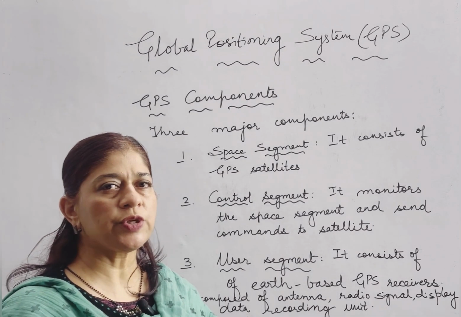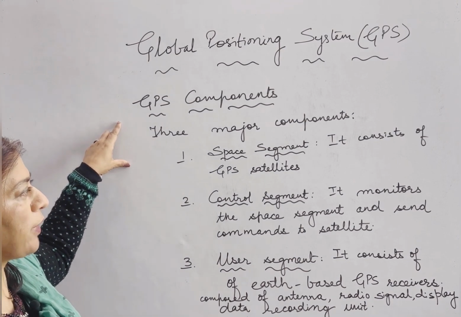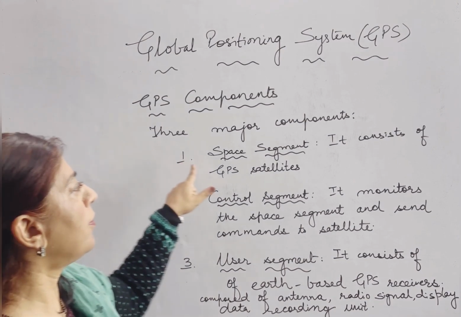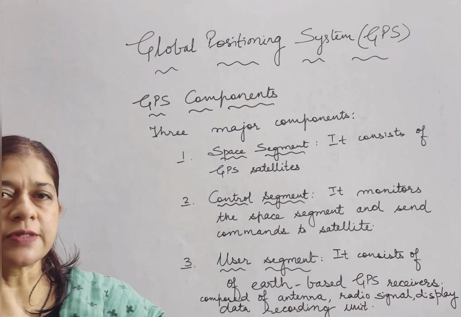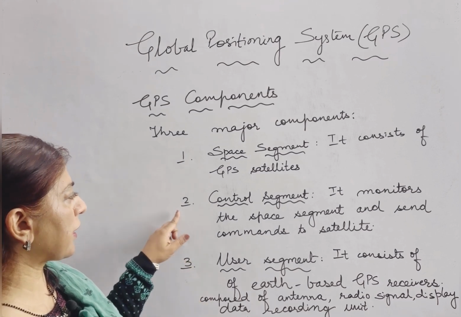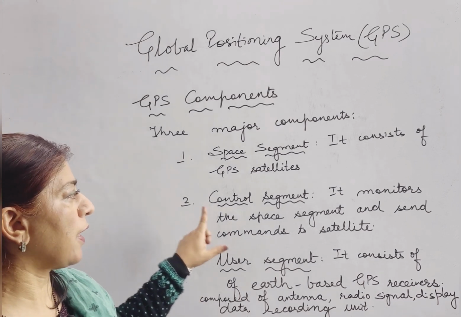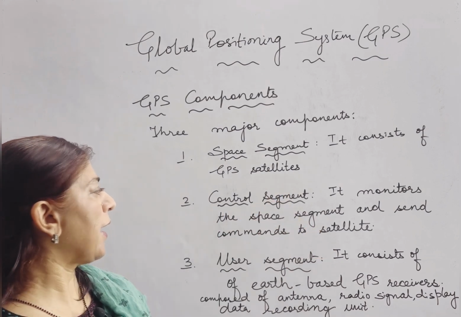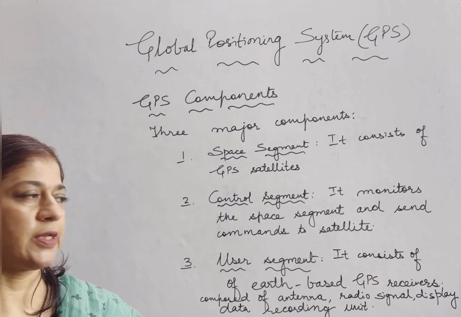In any GPS system, these are the three major components that will be utilized. Among that, first is the space segment. In the space segment, it consists of the GPS satellites itself. The second one is a control segment. It is going to monitor the space segment, and it is the one who is going to send the commands to the satellite.